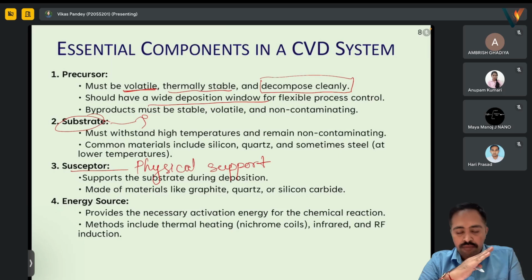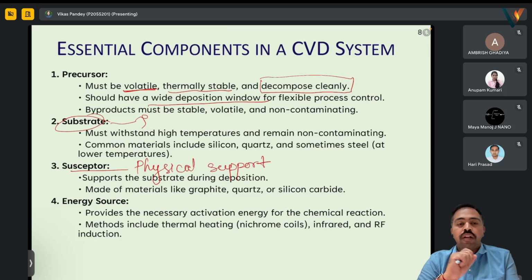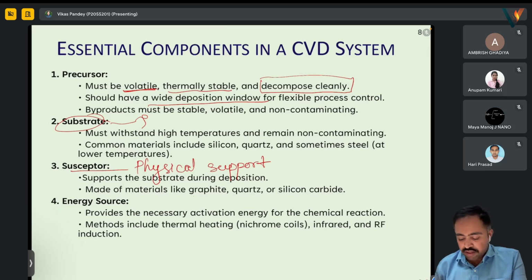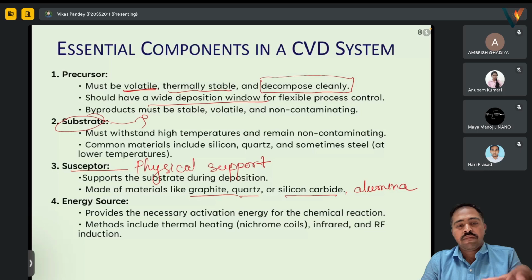It should not participate in any kind of reaction, and should not change its form; it should remain solid. As such, things like graphite, quartz, silicon carbide, and sometimes even alumina are used in normal cases. Alumina boats and these things are also used as susceptors.